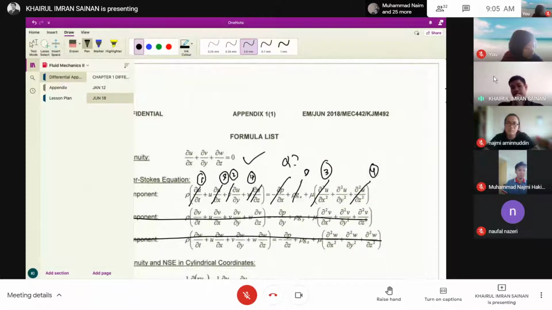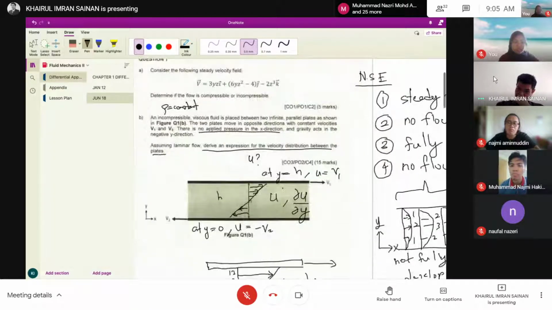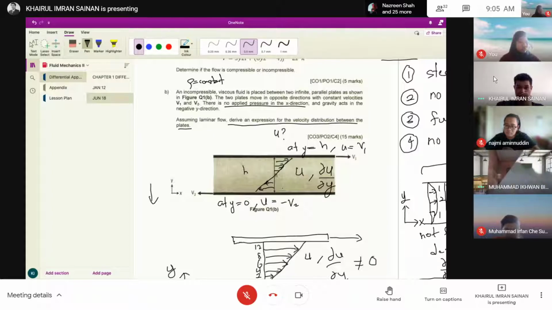Next is the pressure difference, del P over del X. Why do I cancel out pressure? Incompressible, density constant. Sorry, incompressible applies to density, not pressure.